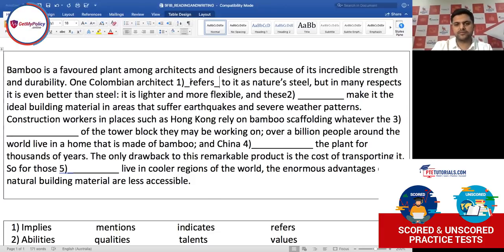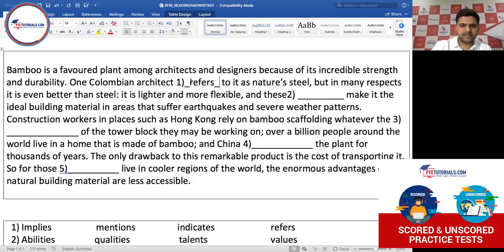Okay, so now we get additional information about bamboo. So there's a Colombian architect who says that it is nature's steel, but then in many respects it is even better than steel. So how is it better? It is lighter and it is more flexible. Okay, and these dash make it the ideal building material in areas that suffer earthquakes and severe weather patterns.